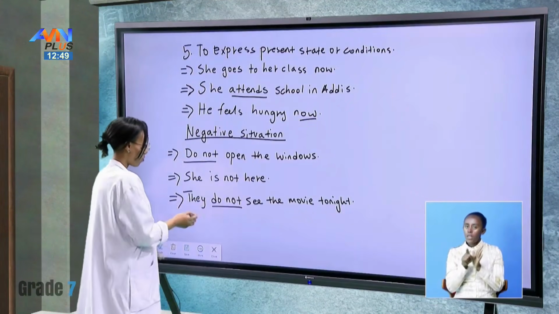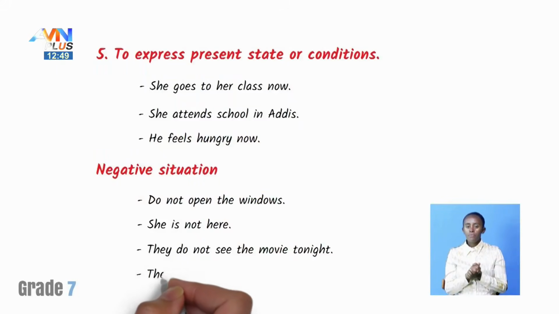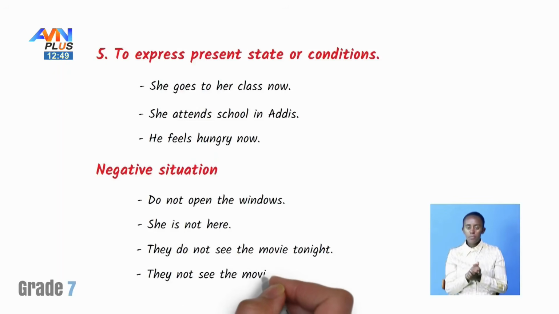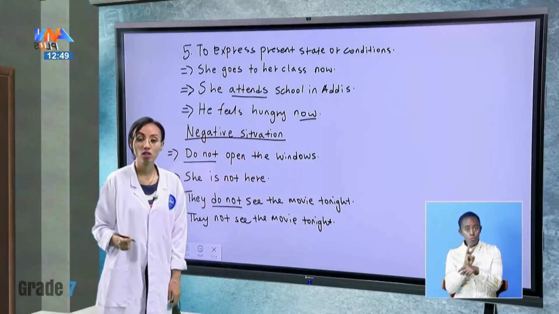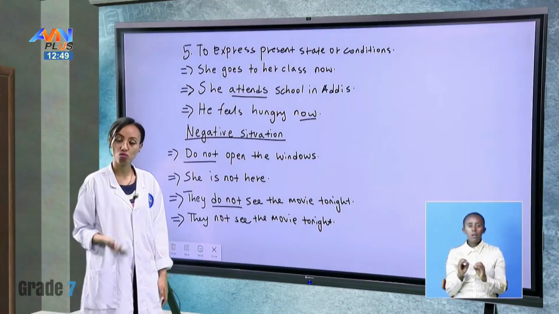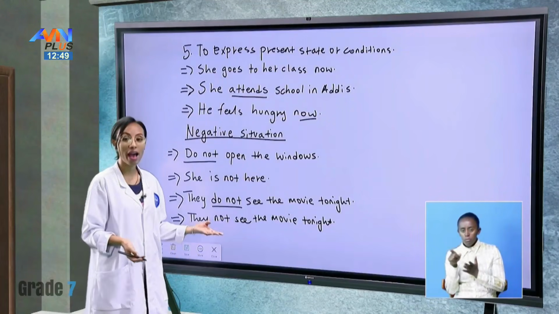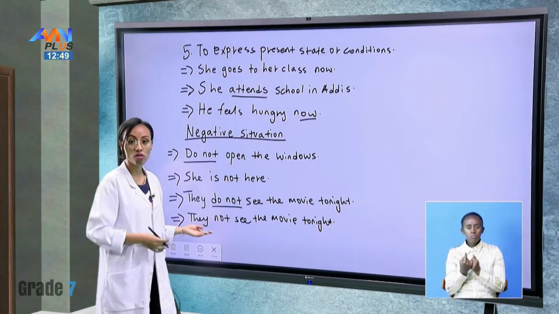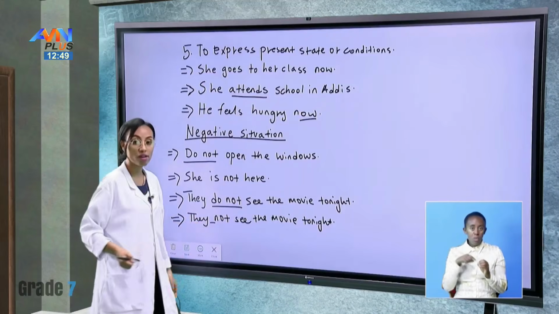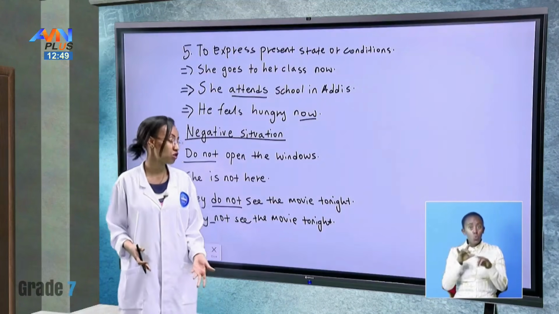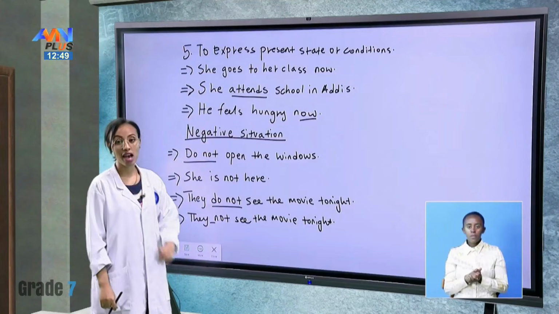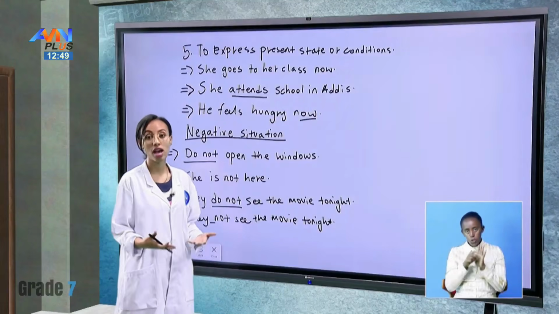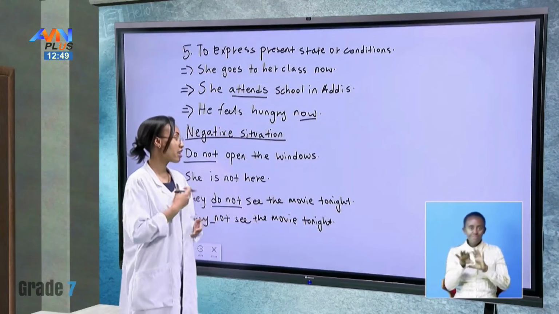For example, if we say, they not see the movie tonight, do you think this is something that is true? It is not, because we don't have the full sentence. So we have to use here what? A verb to do to show negation. So that's why we used do not in this sentence. Okay, this is how you negate a sentence in the simple present tense.